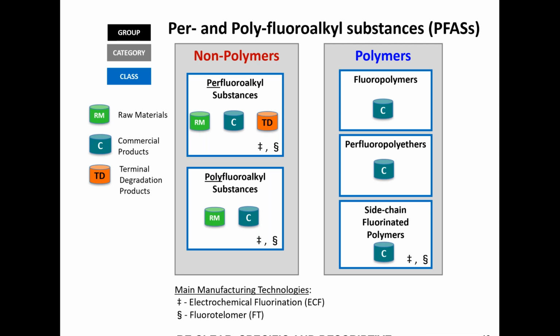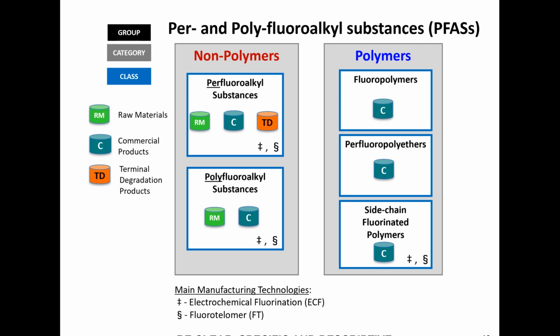I'm going to introduce another layer of specific and descriptive terms here as we start building this out and creating this framework for where things are and how they fit. And those are two of the main manufacturing technologies that are used to make a number of these kinds of substances. This is all very familiar, hopefully, for many of you, because the ITRC fact sheets have been a great resource to help put some of this together.